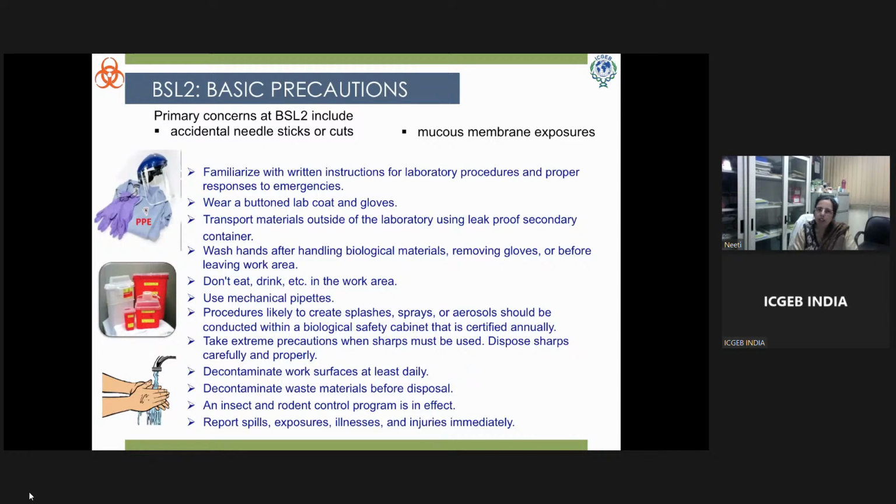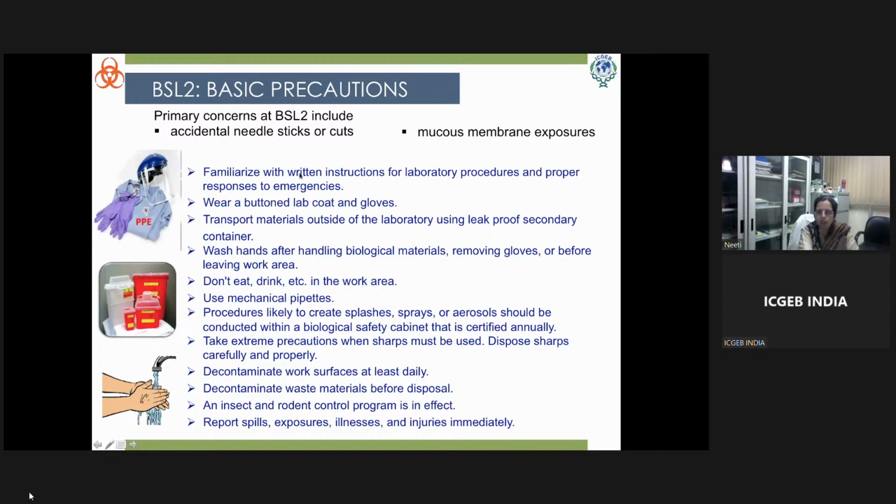Other than these, the primary concerns in a BSL2 facility include accidental needle sticks or cuts or any kinds of mucous membrane exposures which may result in an accidental infection or contamination.